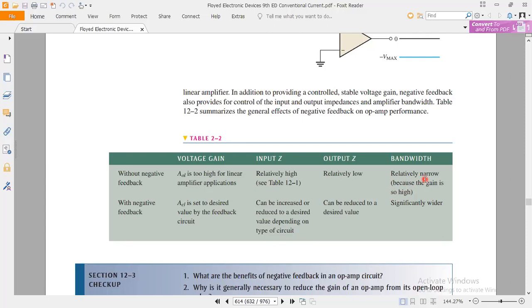That's the reason the open loop gain of an amplifier without negative feedback is very high, the bandwidth is out of control, and a relatively narrow bandwidth would result. With negative feedback, the bandwidth is significantly wider. Most types of signals and all kinds of devices can be accommodated with the negative feedback aspect.